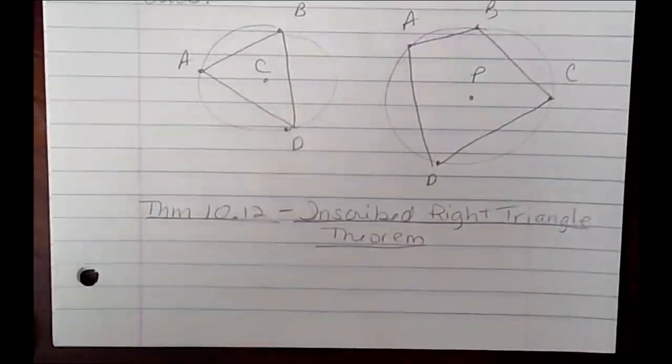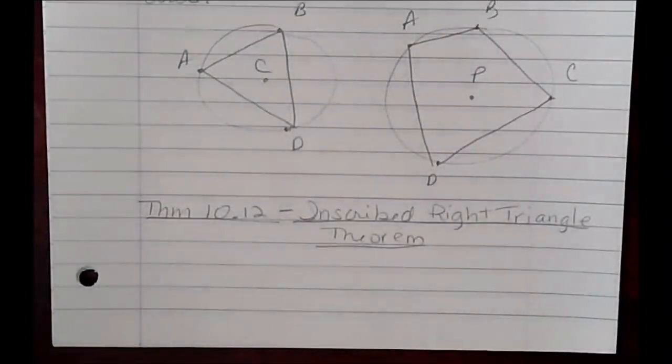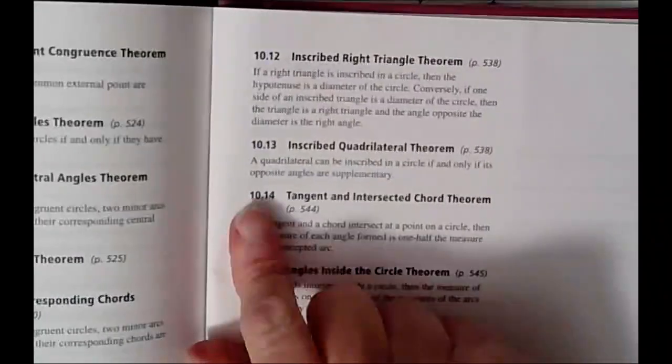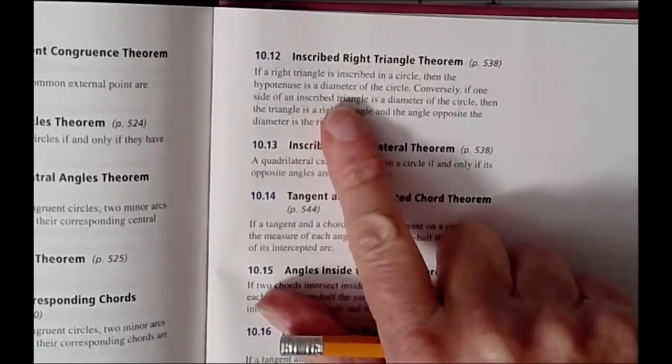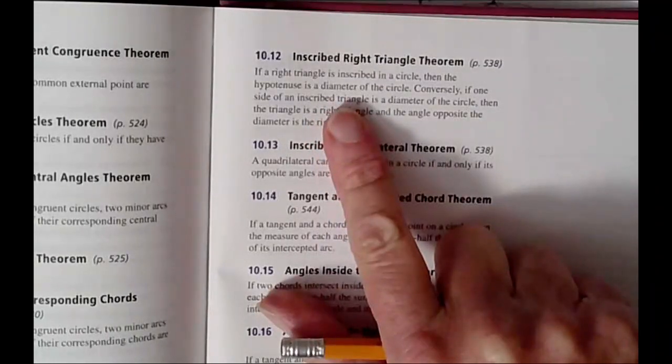All right, so theorem 10.12, it's a long one. It says if a right triangle is inscribed in a circle, then the hypotenuse is a diameter of the circle. So when it's a right triangle that is inscribed, then the hypotenuse has to be the diameter.